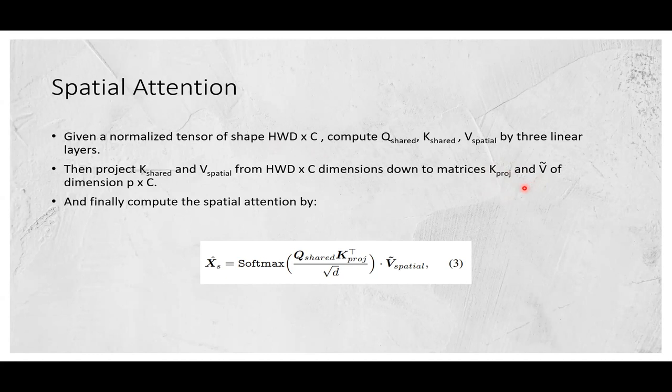And finally, we compute the attention using the K projected and V tilde, which have a lower dimension. This helps us improve the computational complexity in the spatial attention.